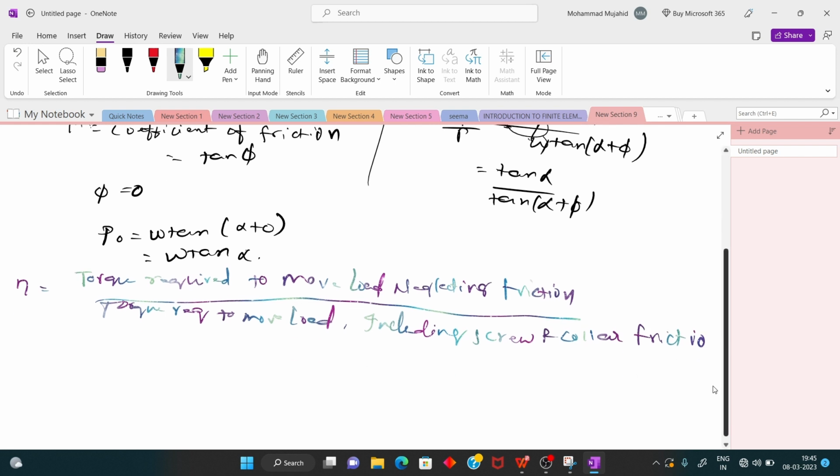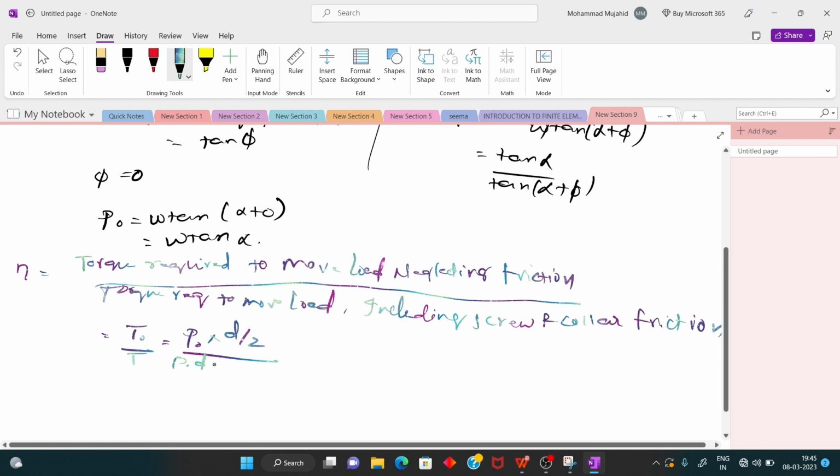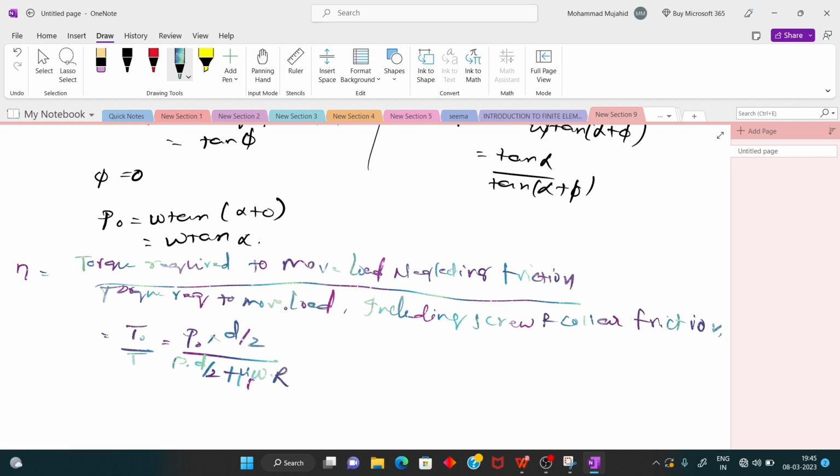So you can write it as T naught by T, that is P naught into D by 2 by P into D by 2 plus mu1 into W into R. Here the efficiency of the screw jack may also be considered as the ratio of the mechanical advantage to the velocity ratio.